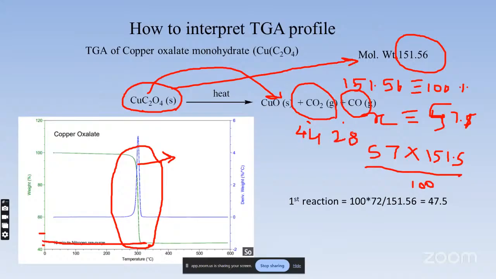So you just sum them up. 44 plus 28 will be 72. 72 is the molecular weight loss from the original species. So if 151.56 relates to 72, what will be the weight loss for 100? So 47% weight loss will be there for this one.